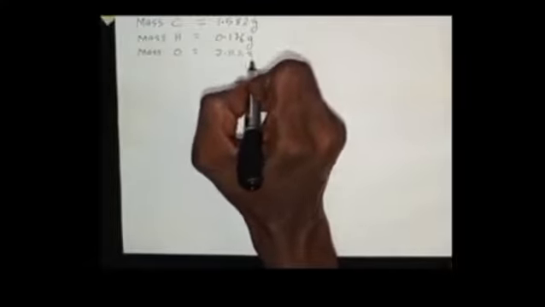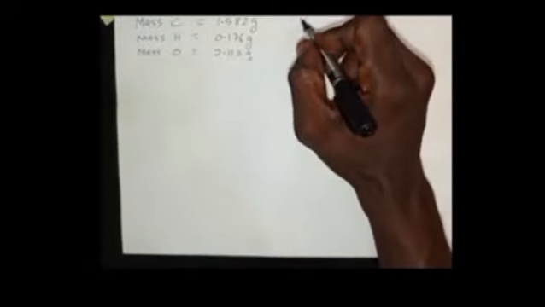Okay, so far what have we been able to achieve? We've been able to calculate the mass of carbon to be equal to 1.582 grams, the mass of hydrogen to be equal to 0.176 grams, the mass of oxygen to be equal to 2.112 grams.